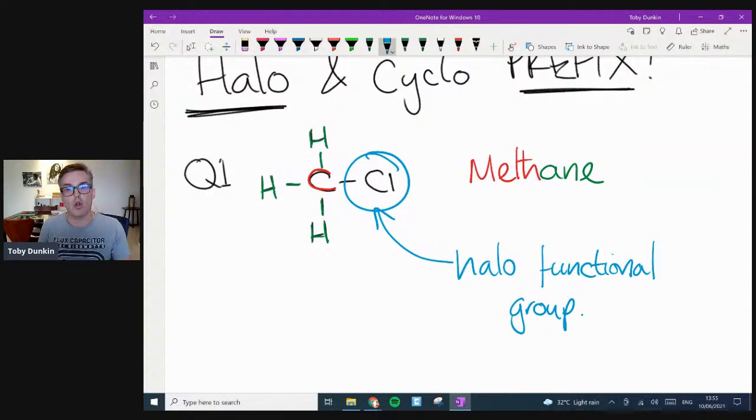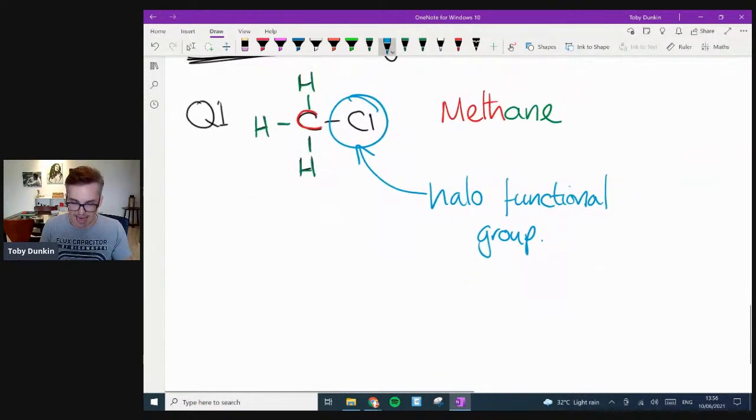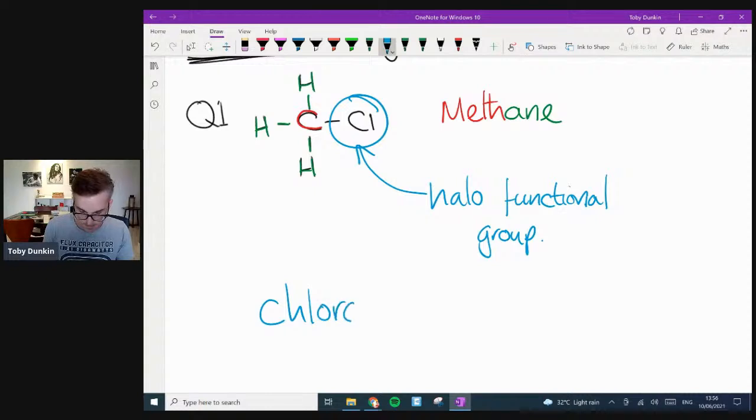Methane chloride. Great effort, Jack, but you've dropped into inorganic naming. This is called a haloalkane, and the reason is because the name is chloromethane.